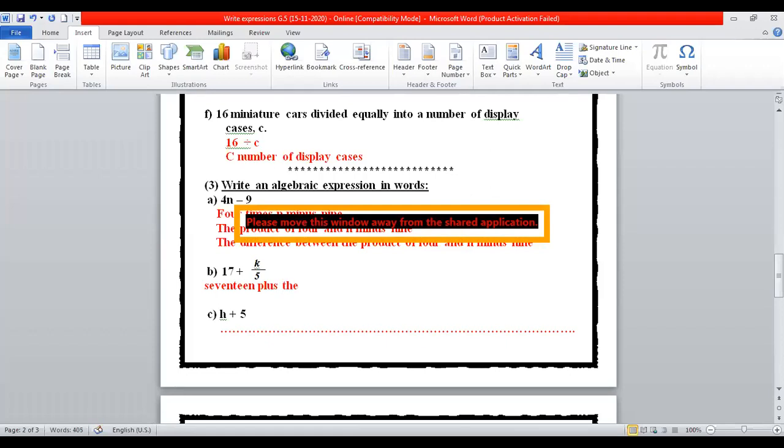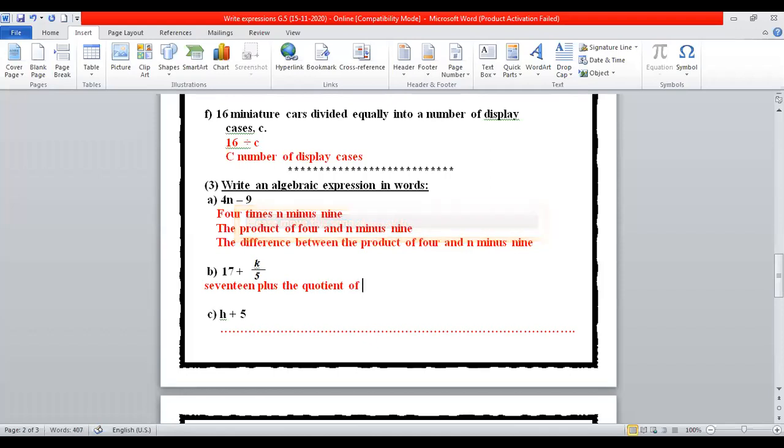Divide is the quotient. The result of the division is called the quotient. The quotient of k and 5.